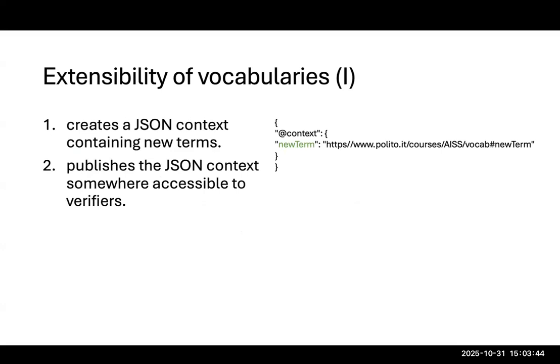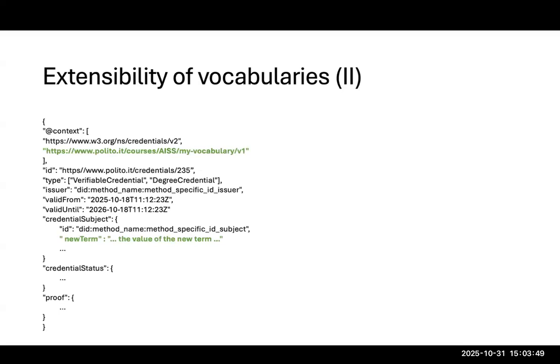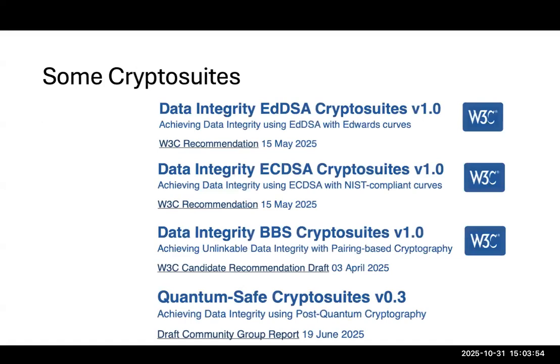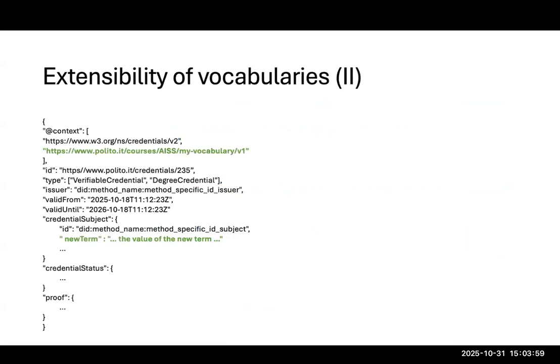So I, for example, here define the term new term. Within the context, I put also the link to the new vocabulary, and then I'm free to use the new term, in this case, within the credential subject.